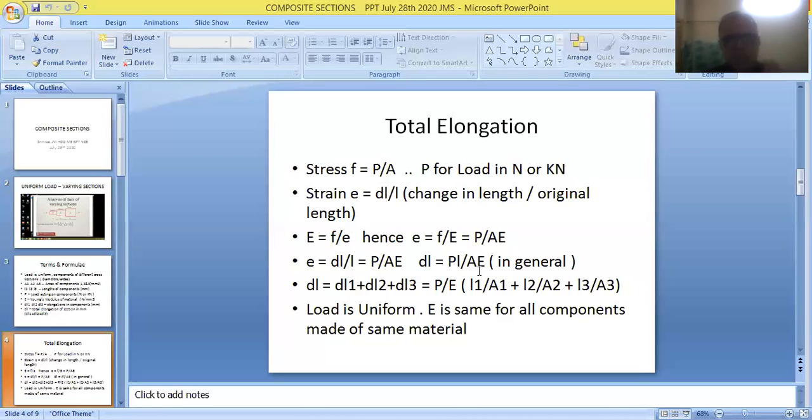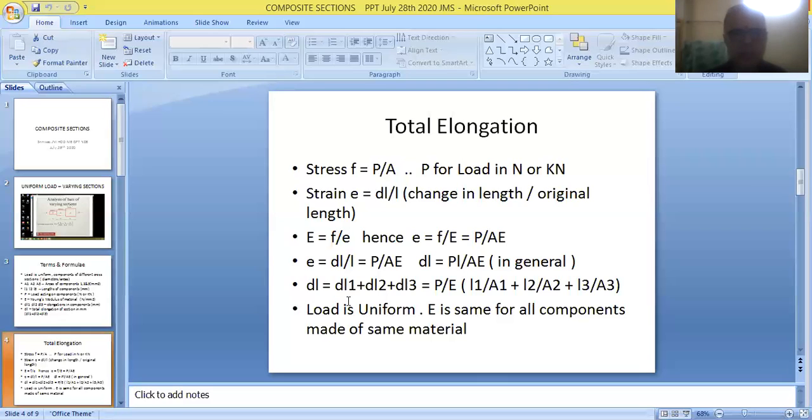So this is the general equation that can be used for measuring individual DL values of individual components, which in turn can be used for measuring the total elongation of the composite section.